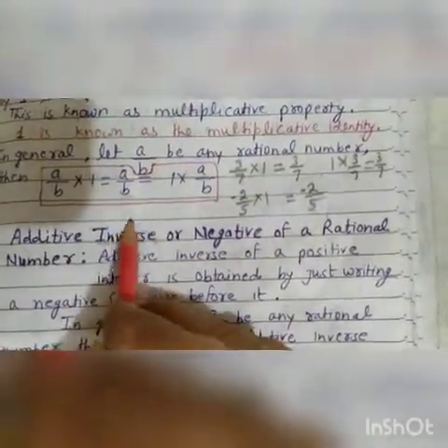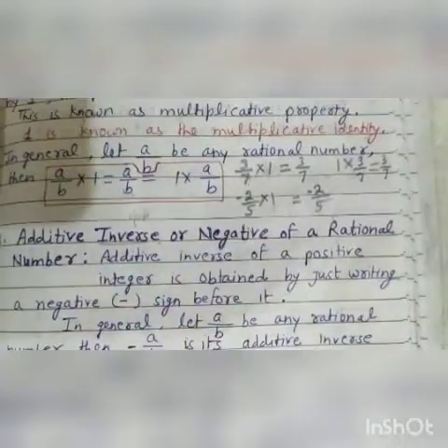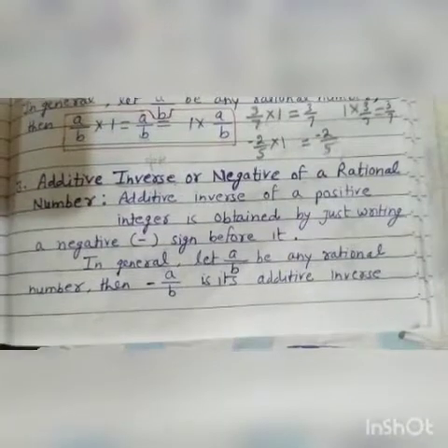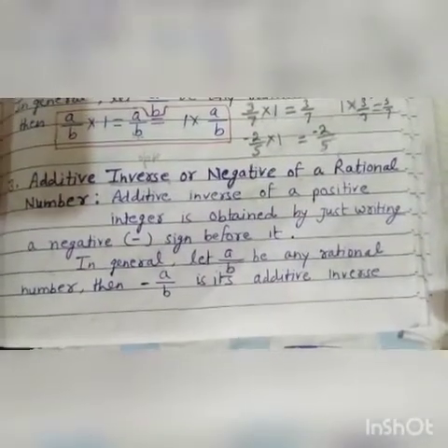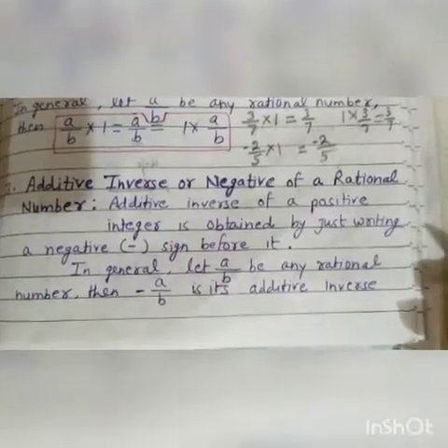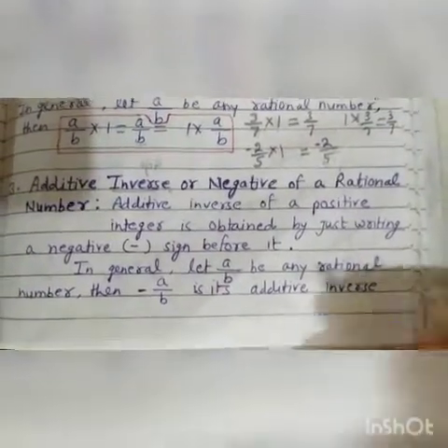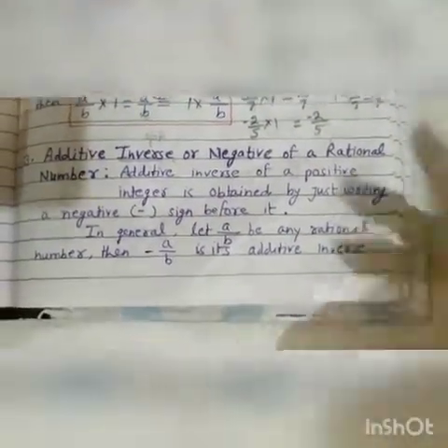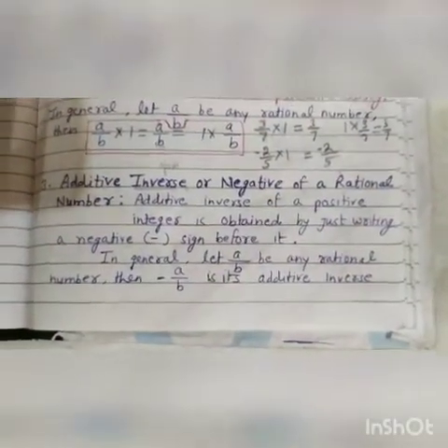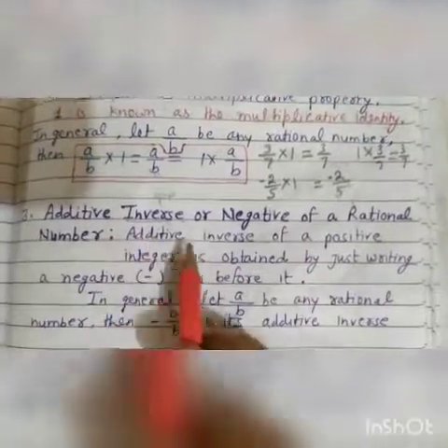Inverse means opposite. If we ask what is the opposite of 7? 7 means plus 7. And if I am asking opposite of plus 7, then opposite of plus 7 will be minus 7. And if I am asking what is the opposite of minus 3, it will be plus 3. So what is additive inverse?